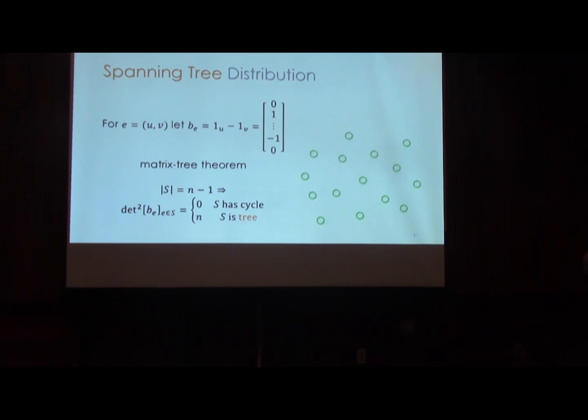So before you actually ask your questions, I'm cheating a little bit here, because these vectors are always singular. They are always orthogonal to the all ones vector, right? So their determinant can never be anything but 0, right? There are a multitude of ways to fix this problem. You can think of these vectors as living in the space orthogonal to the all ones vector.